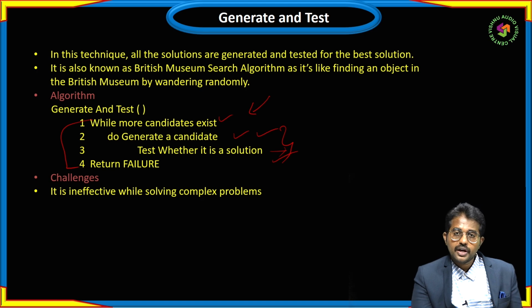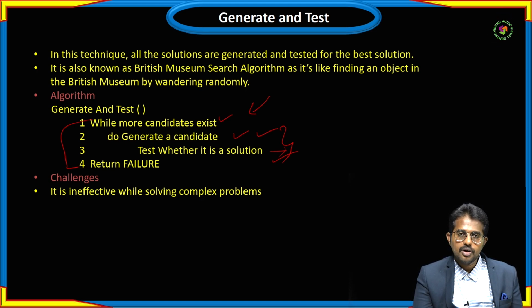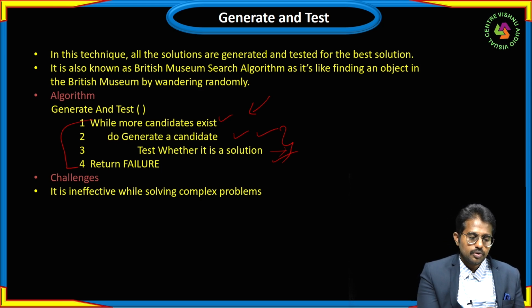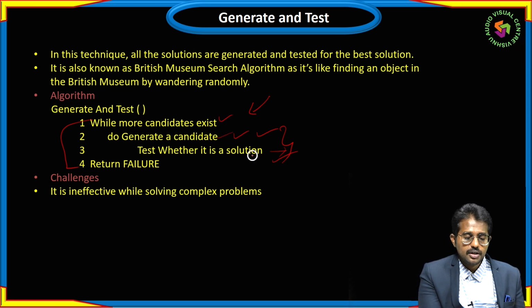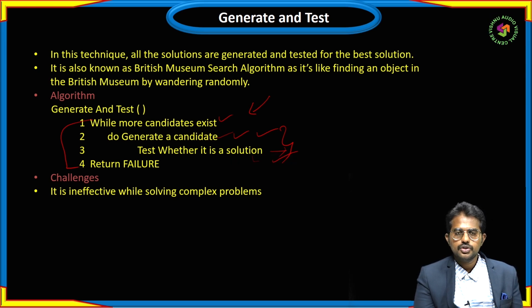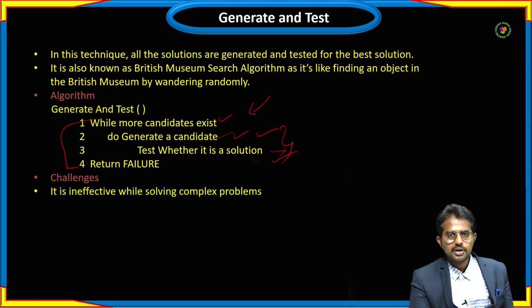While more candidates exist, steps 2 and 3 are repeated. The second step is to generate a candidate, and the third step is to test whether the generated candidate is a solution or not. So this is the simple algorithm.